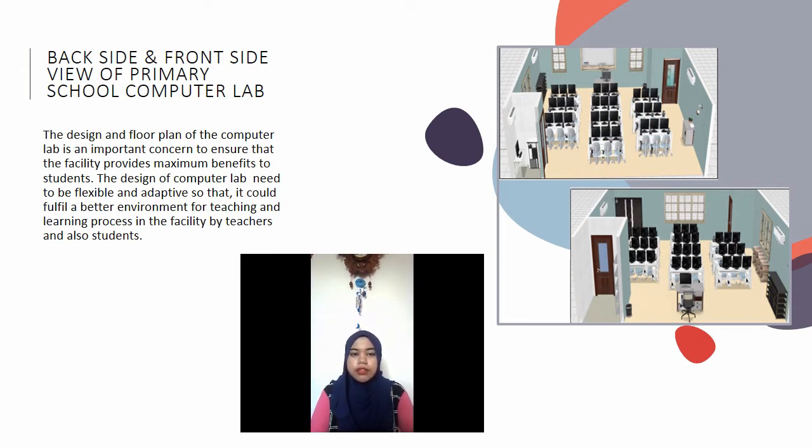We also provide 31 chairs, which is 30 for students and 1 for teachers. And we also put 31 system units for students and teachers.